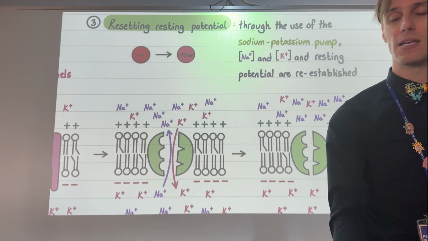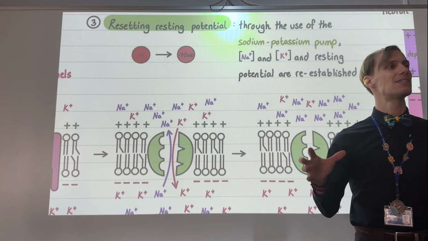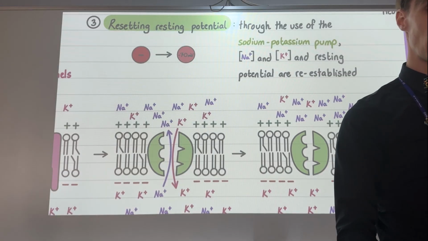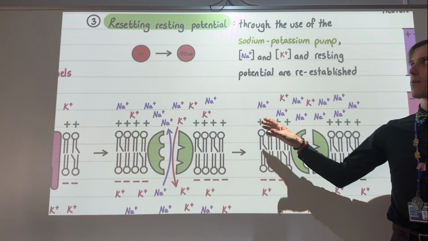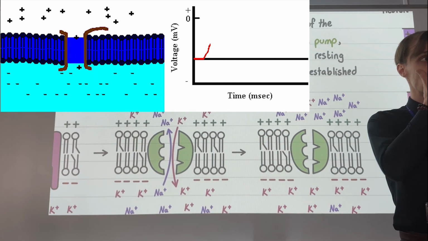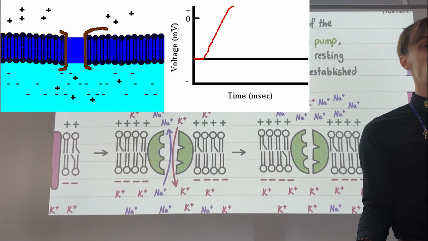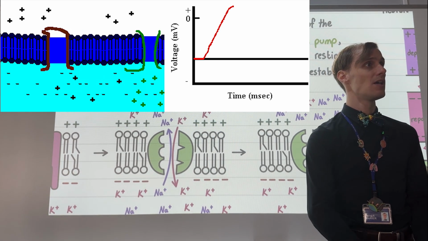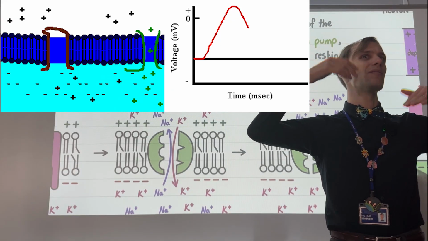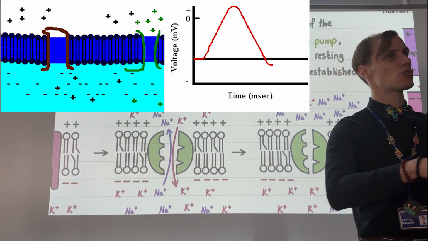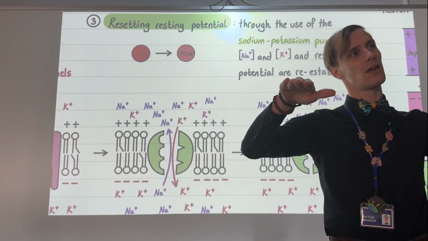This sodium-potassium pump is effectively going to reset the boundaries. We're going to get back to our minus 70 again, because actually there's such a large outflux of potassium because of the potassium voltage-gated channels that your membrane potential is actually going to be even more negative than it was at rest. So we're just going to kind of reset it back to rest.